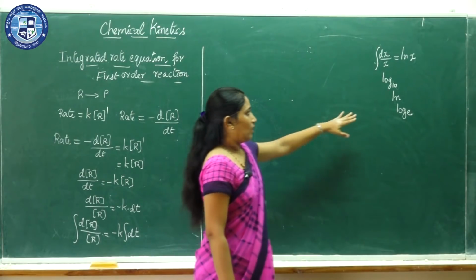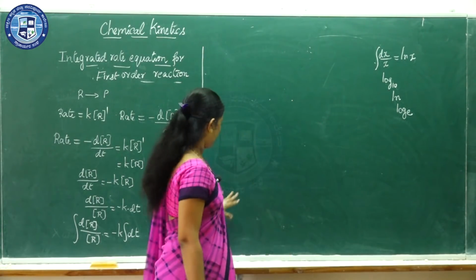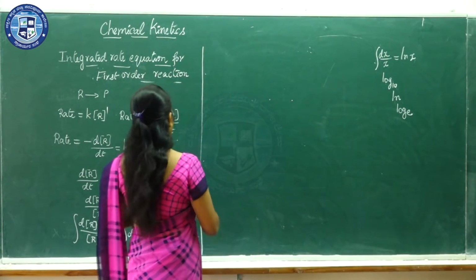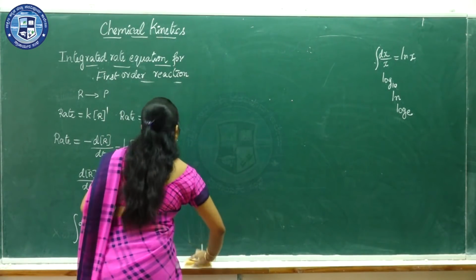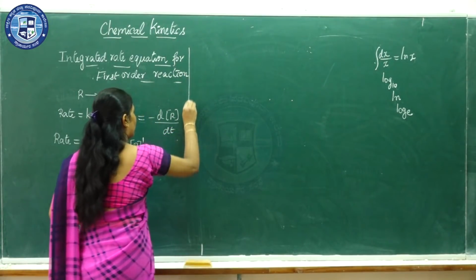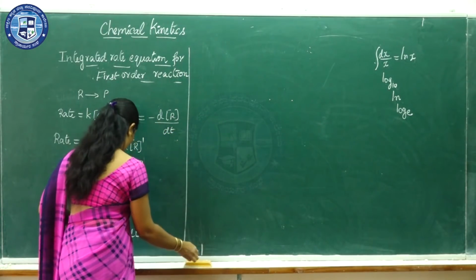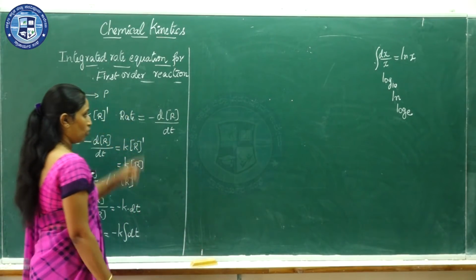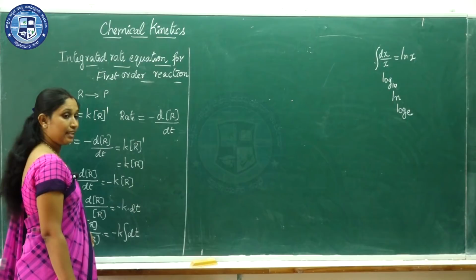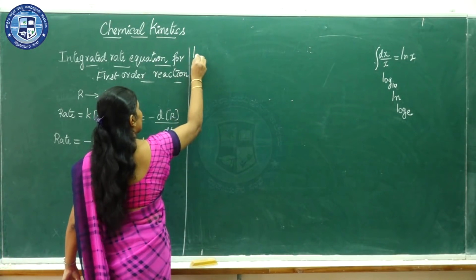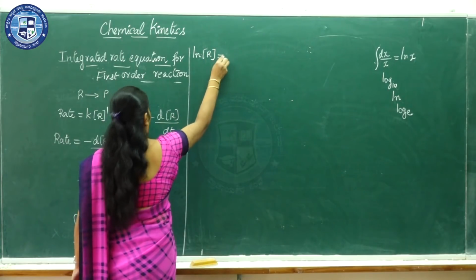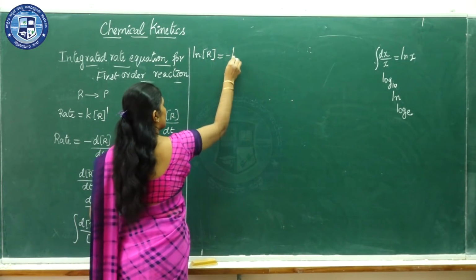So we have to be very particular about this, especially while deriving the equation for the first order. Now, from that, how will I write this? I can write this as ln R is equal to minus K.